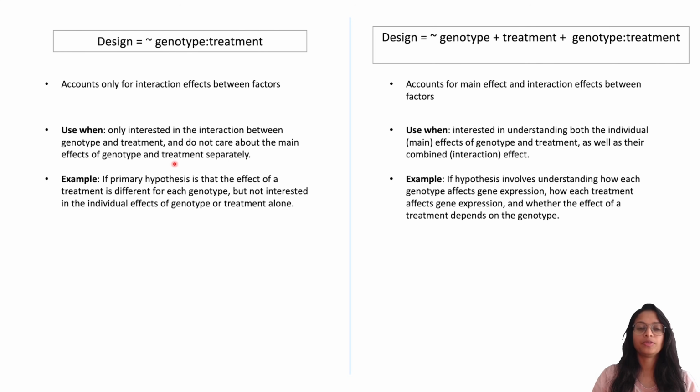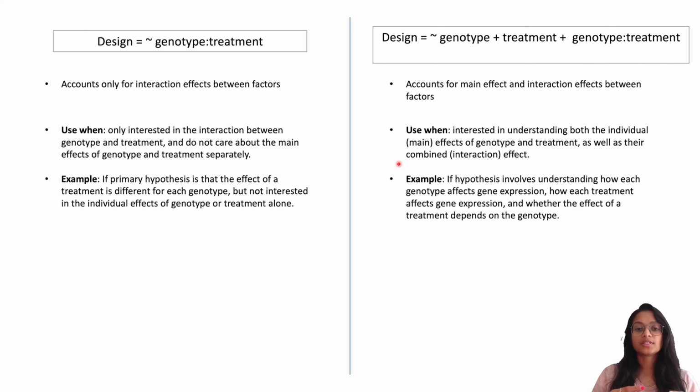An example would be if the primary hypothesis is that the effect of a treatment is different for each genotype, but we are not specifically interested in the individual effects of genotype and treatment alone. For this case, this could be used when we are interested in understanding both the individual effects of genotype and treatment as well as their combined effect.